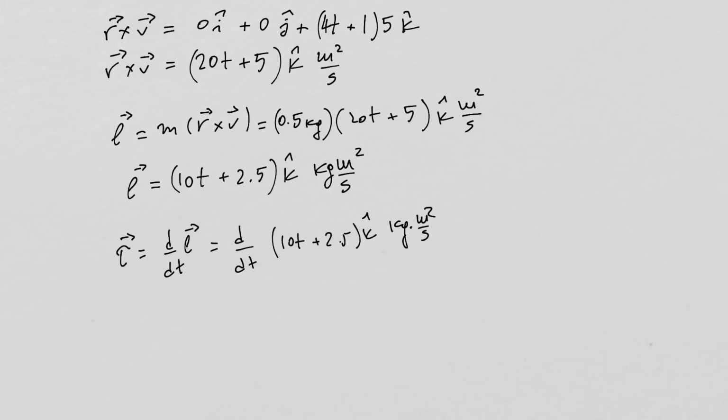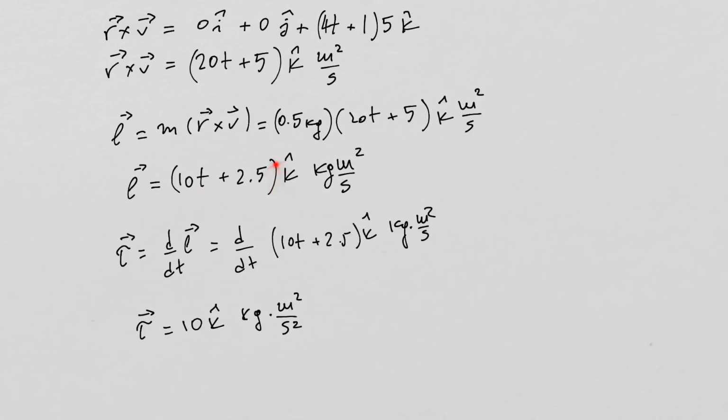Only the first term in this expression is time dependent, so that's the only term that will survive the derivative. The final result is that the torque is equal to 10 k hat kilograms meters squared per second squared.